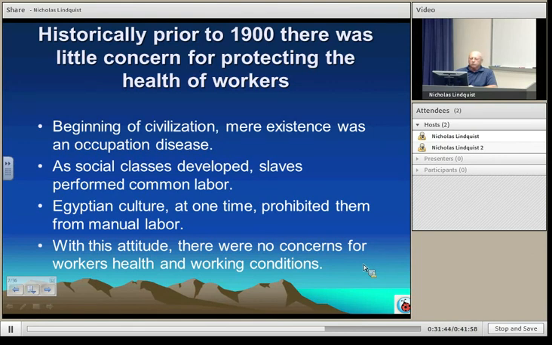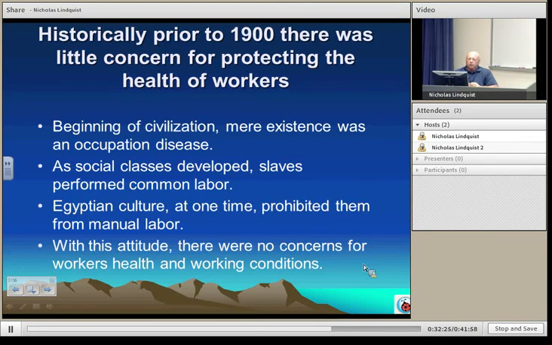We can go back in the archives of literature and find various well-known people who dealt with, in some way, occupational health issues or industrial hygiene issues, if you will. Some of the earliest accounts we found were in Hippocrates, who existed between 460 and 370 BC. Hippocrates was one of the first people to record, or at least make mention of, the potential for occupational diseases.